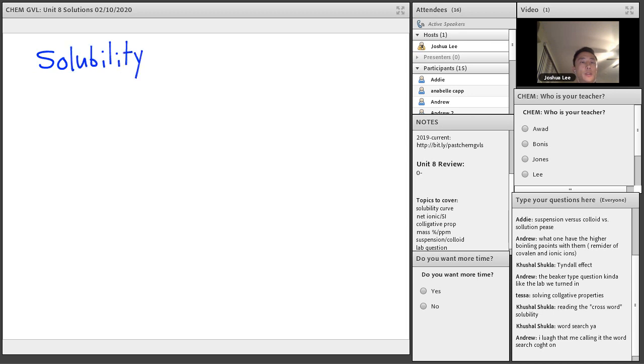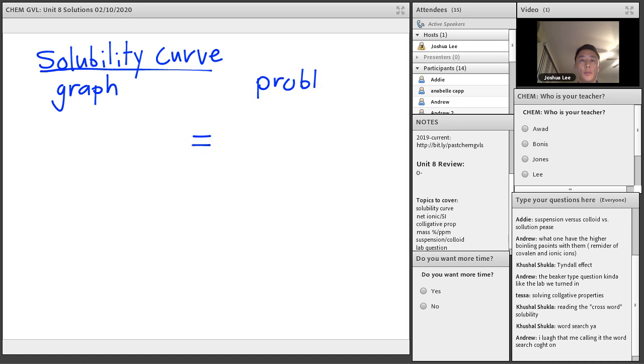Solubility depends on the temperature. In this case, we usually will be dissolving things in water. And essentially, you're always setting up a proportion. In one proportion, you're getting all your numbers from the graph, and the other proportion, you're getting from the problem.